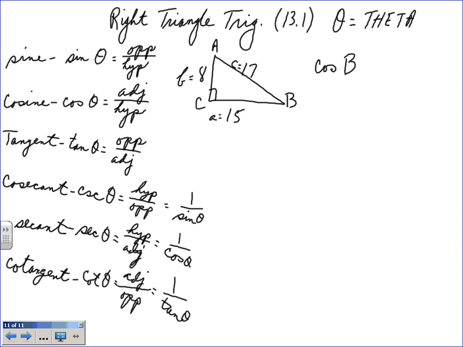That would be 4. The cosine of angle B would be adjacent over hypotenuse. That's the exact answer. And then you go to your calculator. 15 divided by 17. 0.8824.